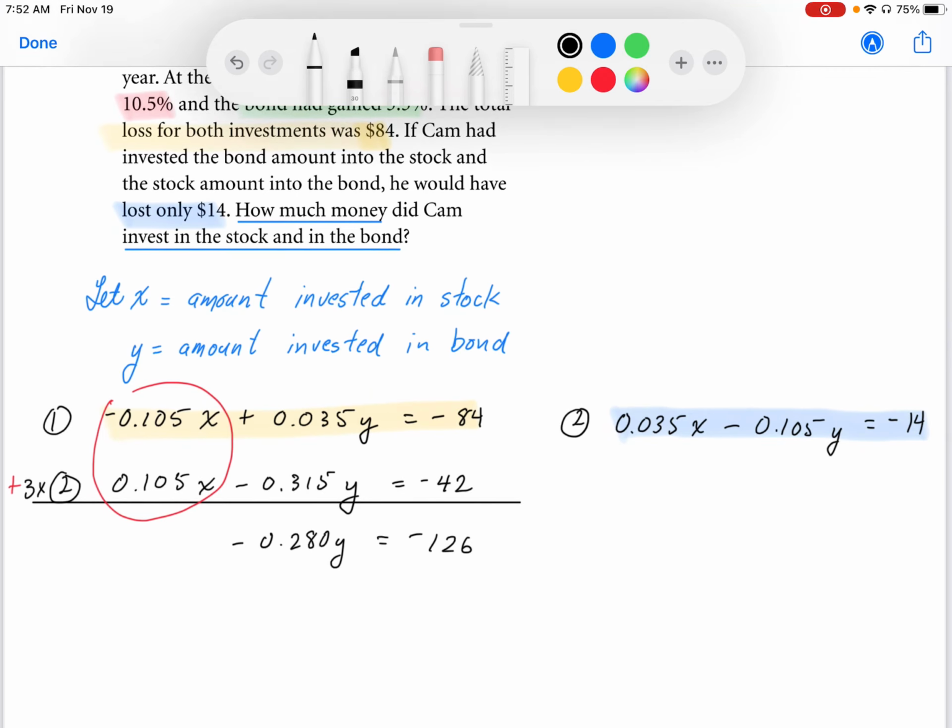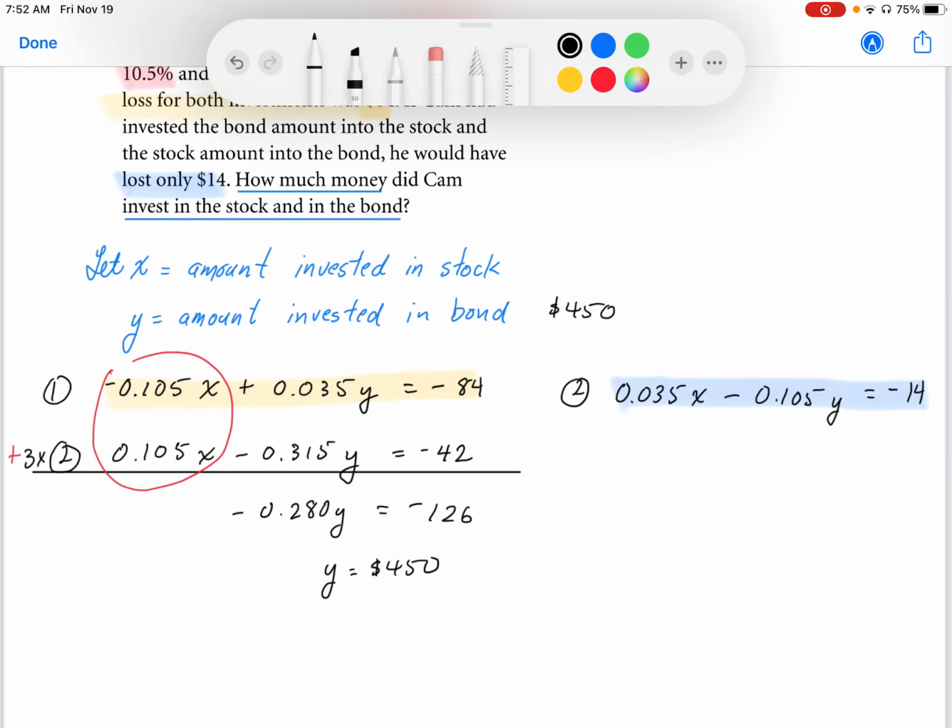Now I can solve for y. Divide both sides by 0.280: negative 126 divided by 0.280 gives me $450. So the amount invested in bond originally was $450. We've solved for y.